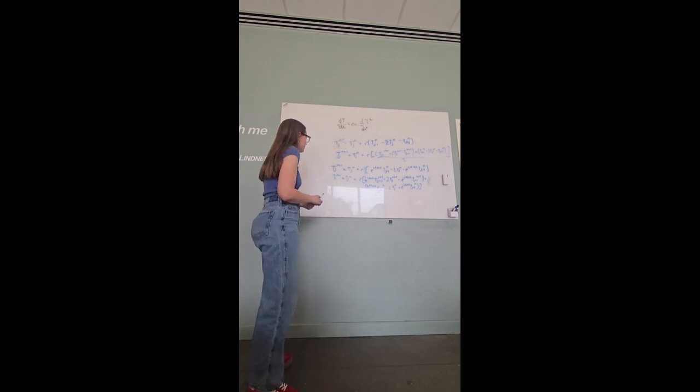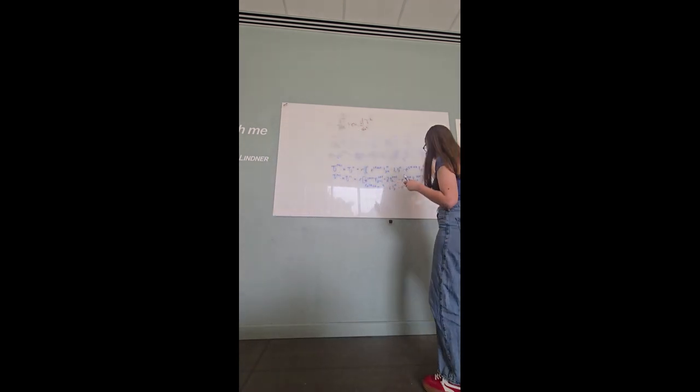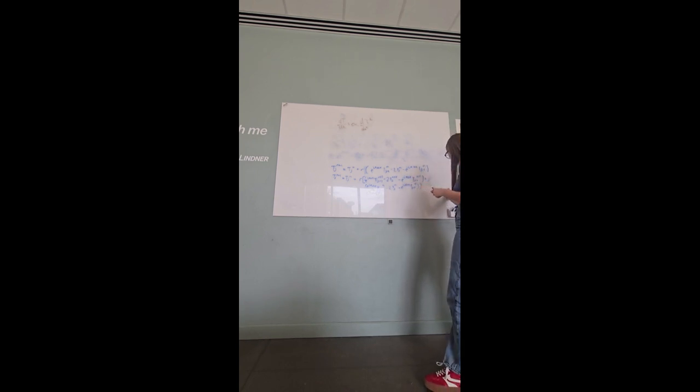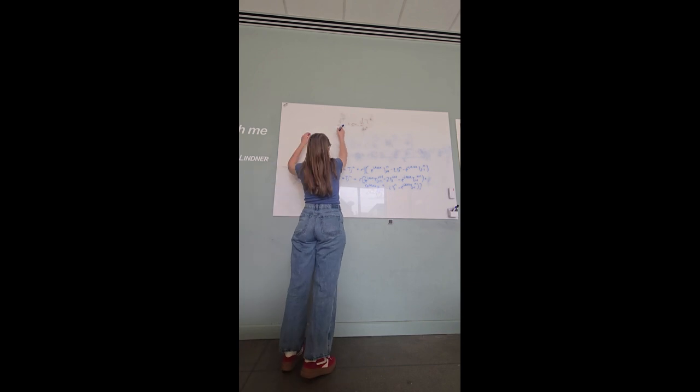So I'm going to erase the top part. So we have this here, so I'm going to bring T_j over, so T_j^(n+1).